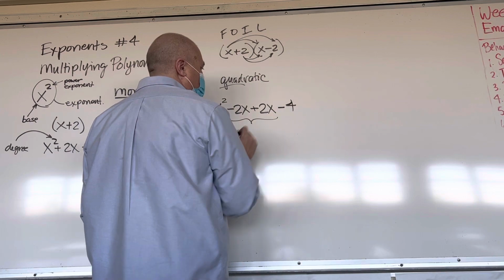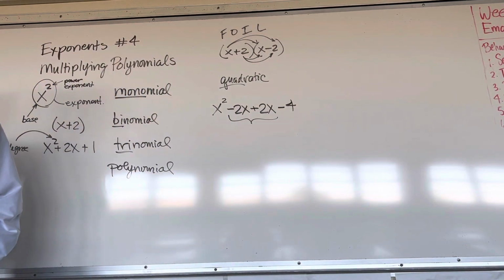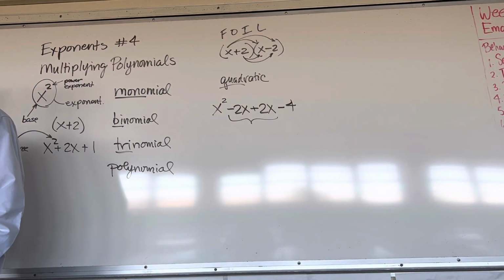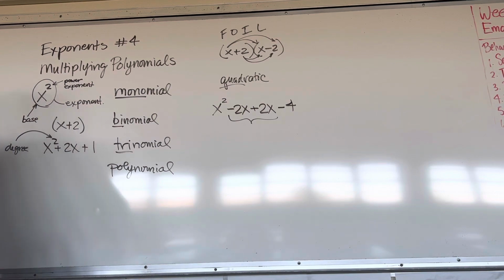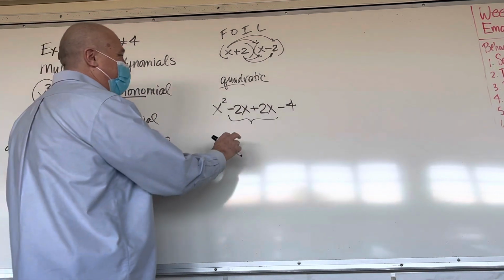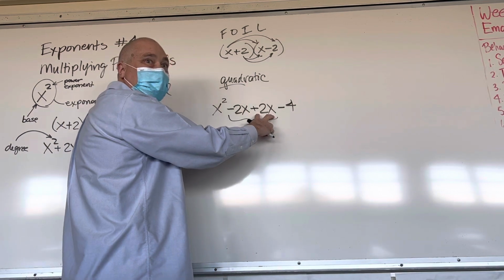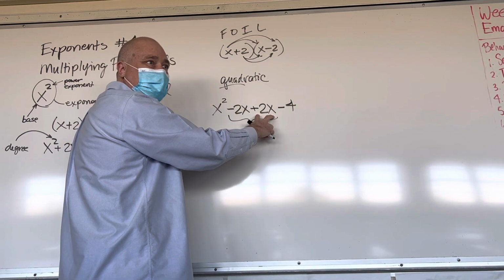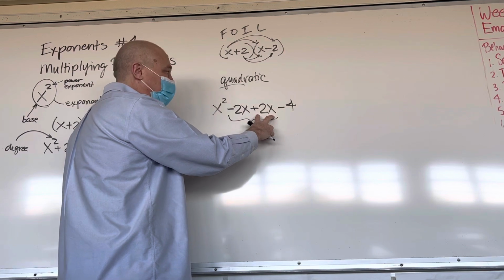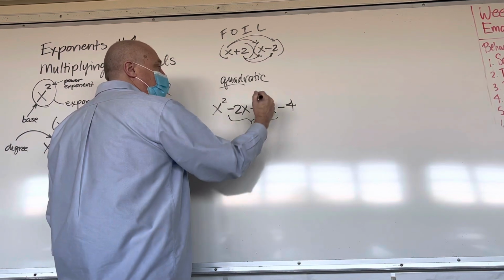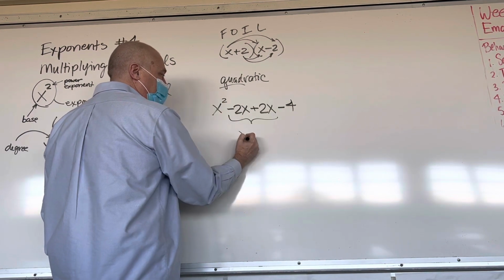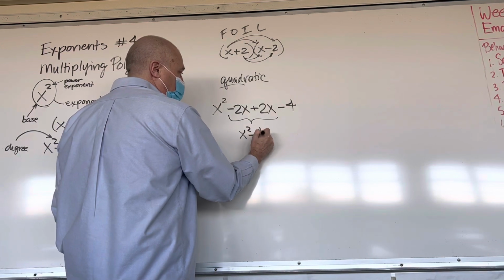What's our phrase for combining like terms? CLT. If you have a negative 2x and you add to it a 2x, what happens? They cancel out. They're gone. So what's left is the x squared and the minus 4.